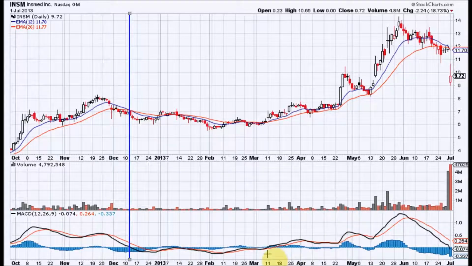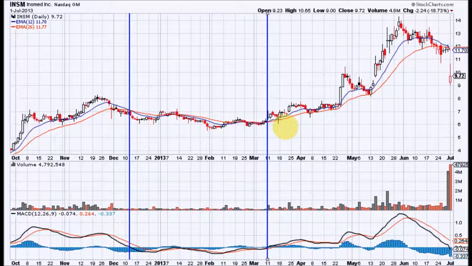Here is a case of a bullish crossover from below the center line, where the MACD starts an uptrend and then crosses up through the center line. And in that case, the blue 12 exponential moving average is crossing up through the red 26 exponential moving average. Okay, those are your primary signals.